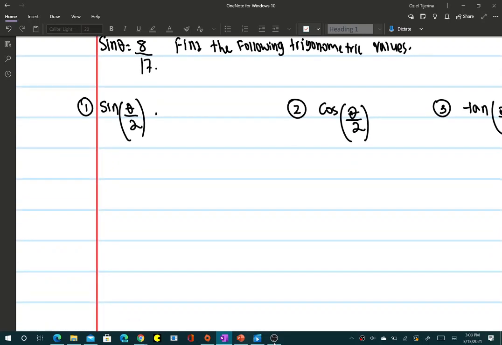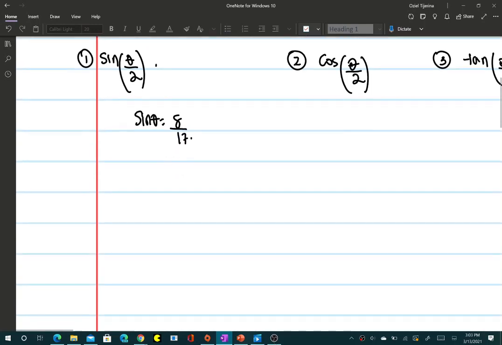we have that sine of theta is equal to 8 over 17, right? So for sine of theta over 2, it depends on what quadrant the ratio is in.